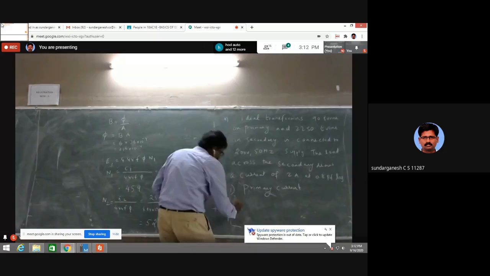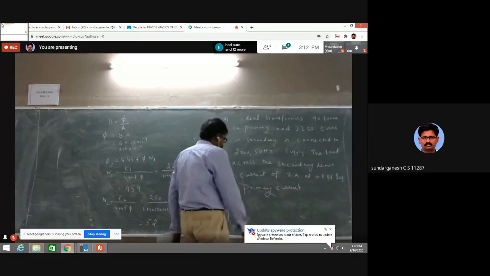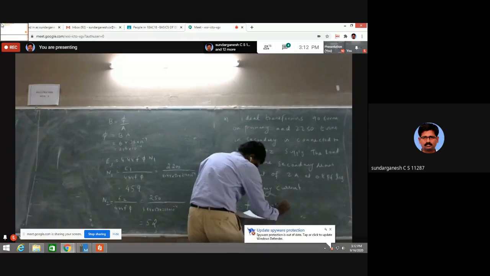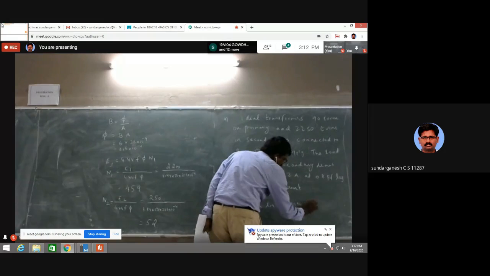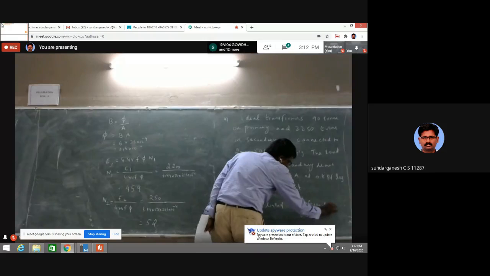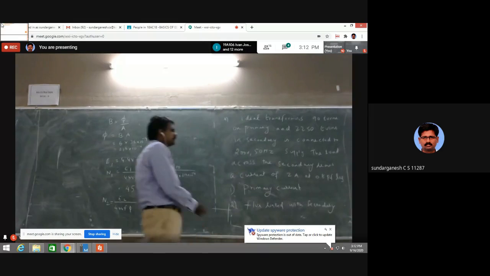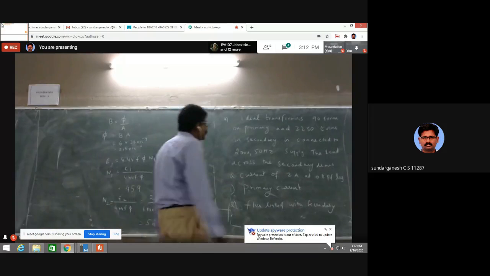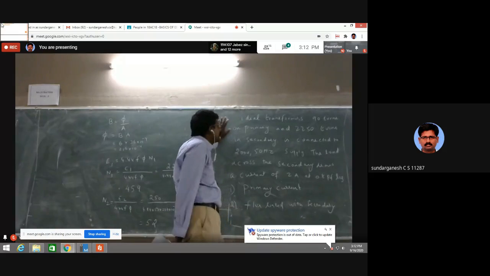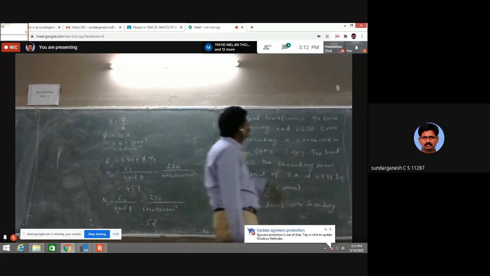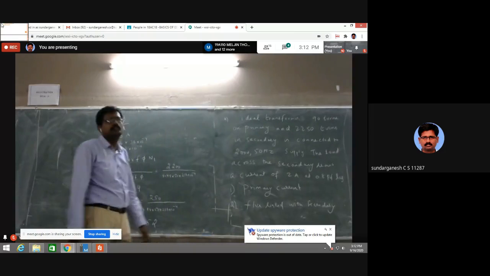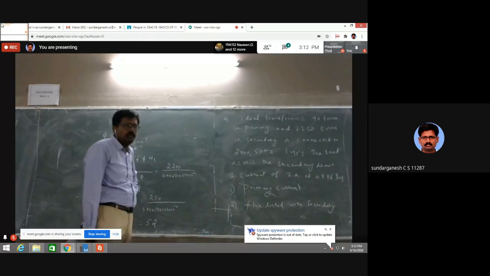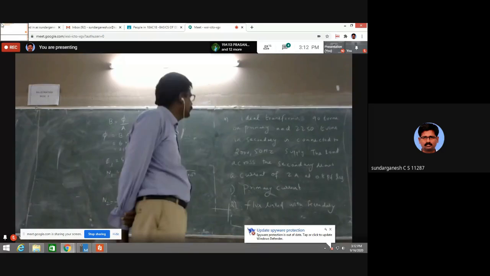Next is, what is the flux linked with the secondary? Flux is common to the primary as well as the secondary. They have asked for the flux linked with the secondary. The question: an ideal transformer has 90 turns on the primary side and 2250 turns in the secondary, connected to 200 volts, 50 hertz.